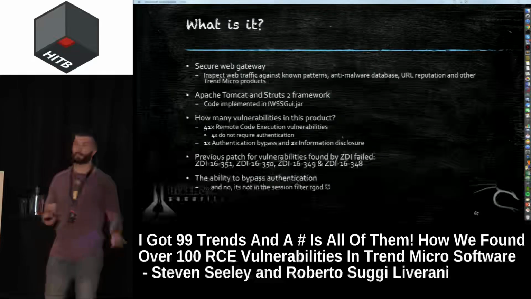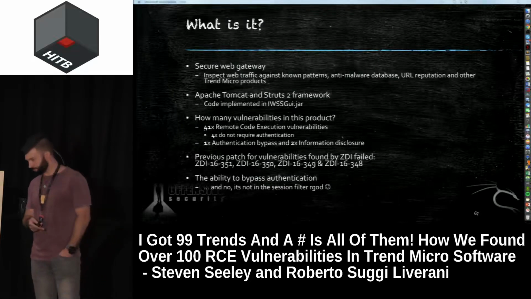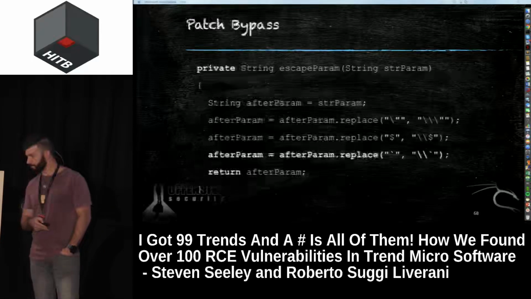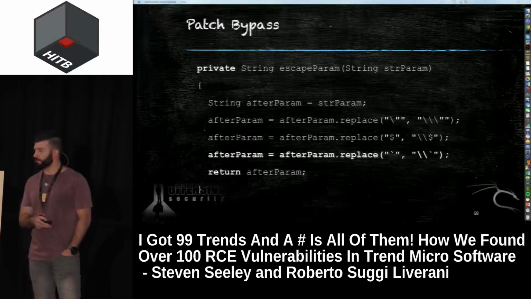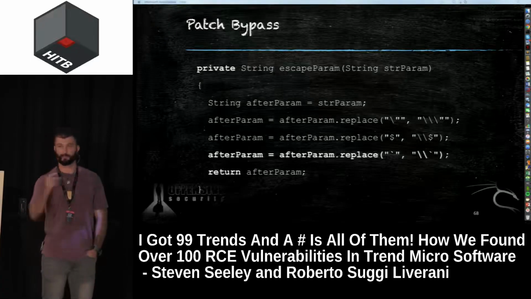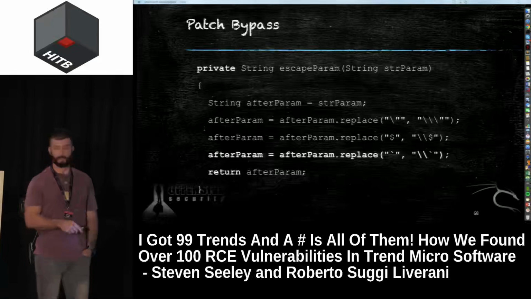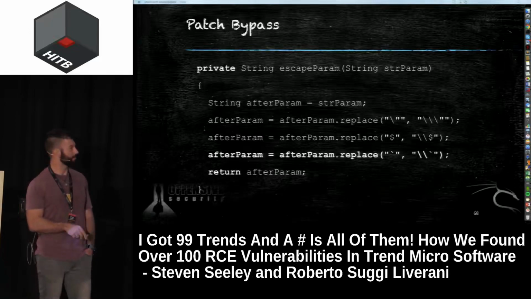So I was interested to look at the patch for that and see how we could maybe bypass it. This was the patch initially for those previous RCE vulnerabilities. It was an escape parameter thing, and it took some characters and then tried to escape them.